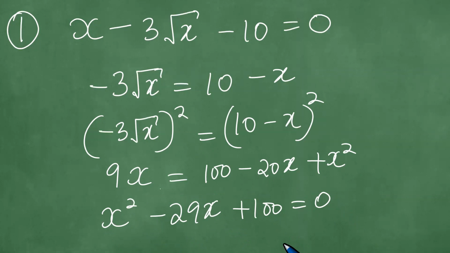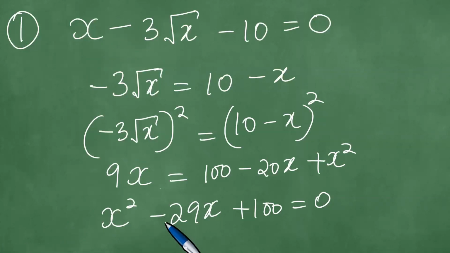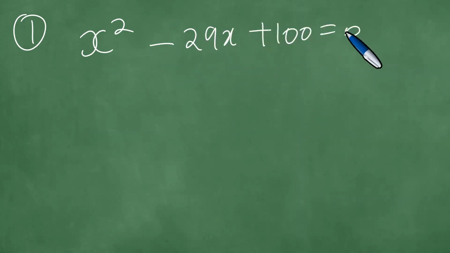Then what do we do next? Right, what we have is the quadratic. So we're still looking at number one. We have the quadratic term x squared minus 29x plus 100 equals 0.